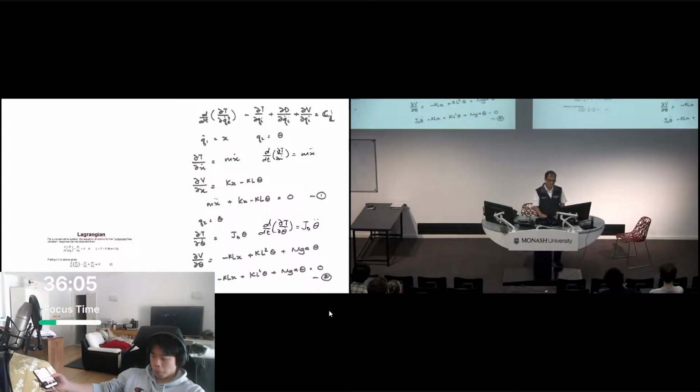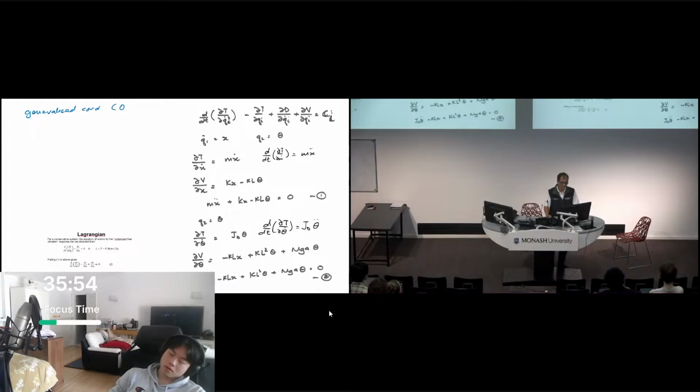Now, if you look at the way that we're going to apply the Lagrange equation, our generalized coordinates are theta and x. So when it comes to your Lagrange equation, look at this subscript i.